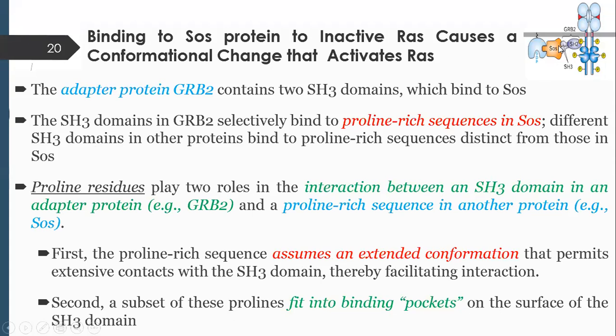So therefore the binding will be more. The prolines are facilitating more interaction, and they are more likely to bind together, the Sos and the SH3 domains.